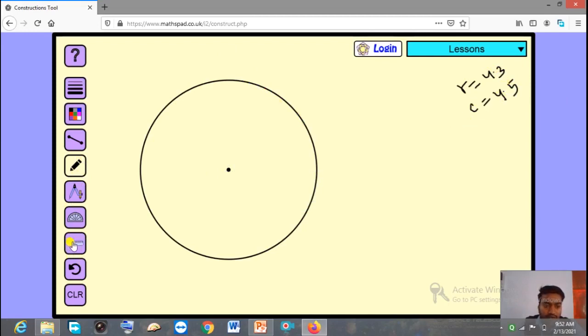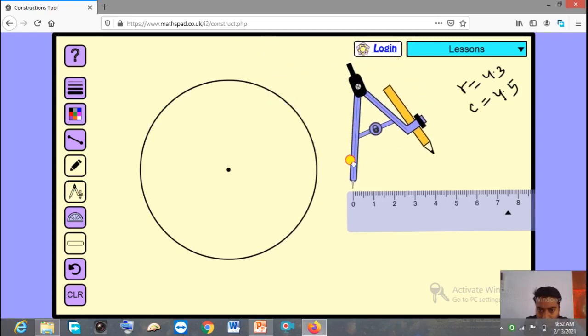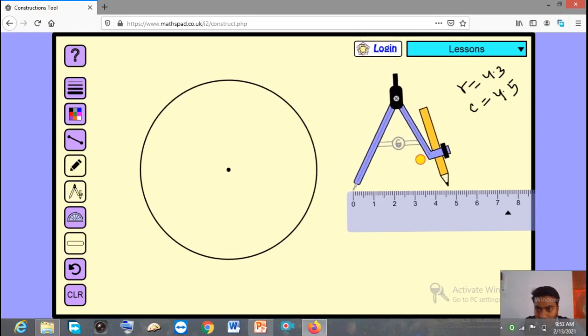For that we need a scale, then a compass. Bring this compass here and measure 4.5 centimeter. Now you can see on the screen this is 4.5 centimeter.